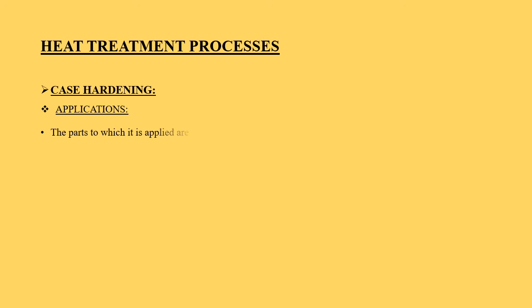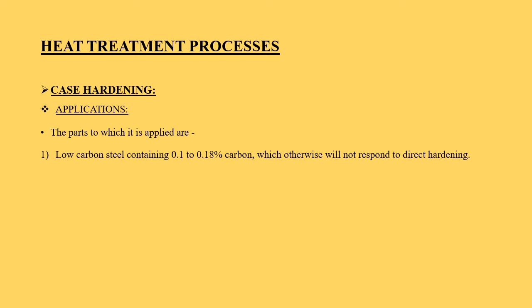The parts to which case hardening is applied are low carbon steel containing 0.1 to 0.18% of carbon, which otherwise will not respond to direct hardening, and steel with 0.2 to 0.3% of carbon for large components.